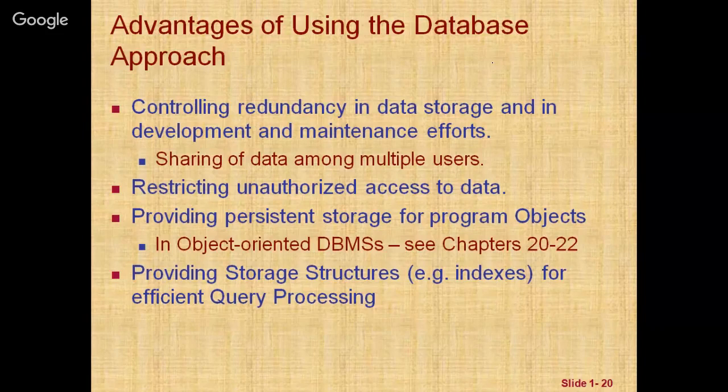The third advantage is providing persistent storage for program objects. So, this is covered in chapter 20 or 22 of your textbook, Fundamentals of Database Management System, Navathe. A database can be used to provide persistent storage for program objects and data structures.